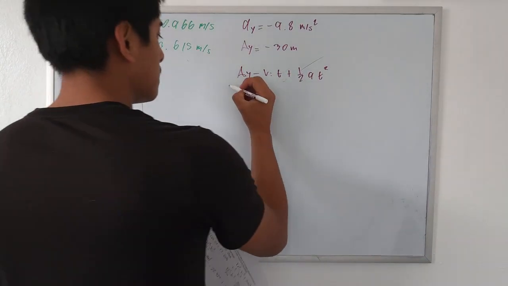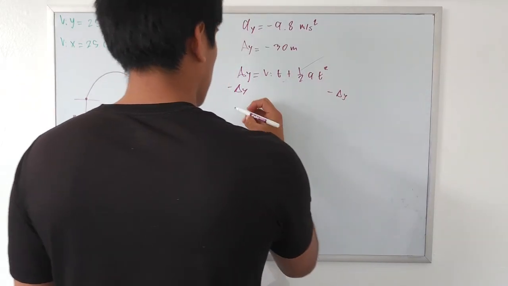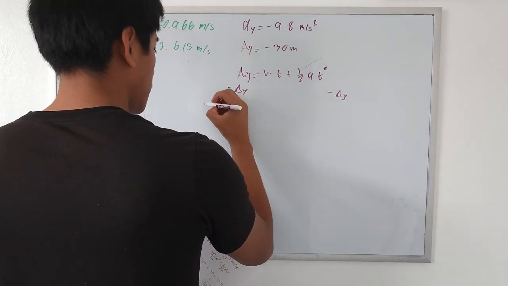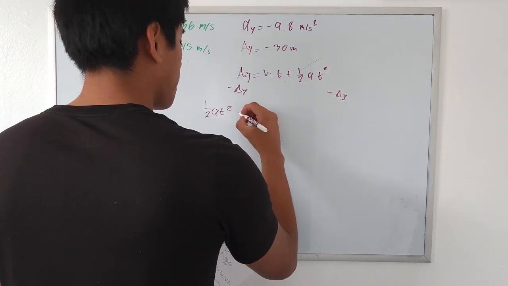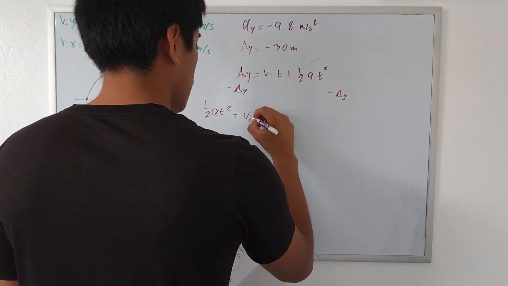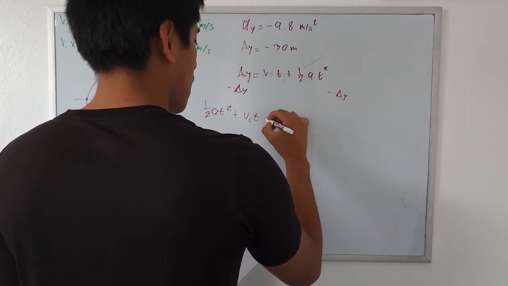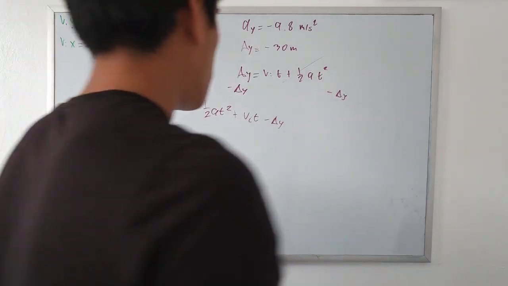So let's rearrange this: minus delta y on both sides, and I'm going to rearrange all of this to make it easier. So 1/2 a t squared plus V_iy t minus delta y. Now I'm going to plug in all my variables.